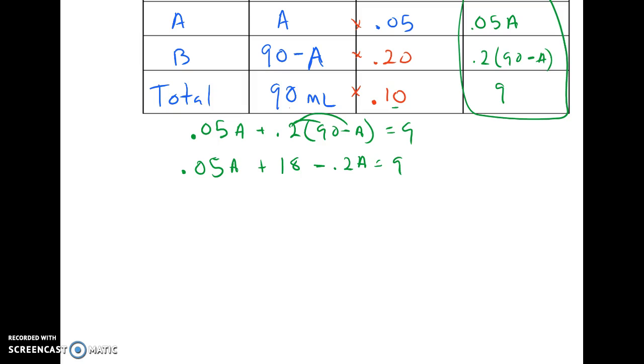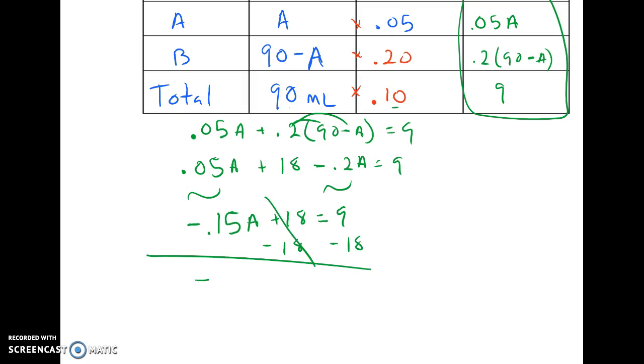And then we have 5 hundredths plus negative 2 tenths, which will be negative 0.15A plus 18 is equal to 9. Subtract 18 from both sides. Bring this down.